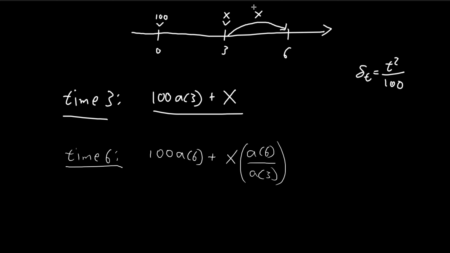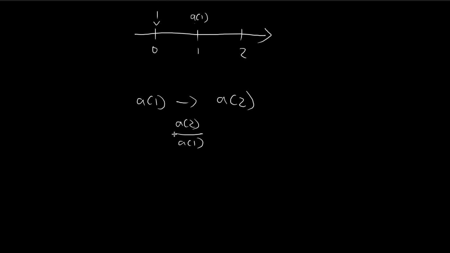And the reason why this is true is that you can actually consider a case like this. So 1, 2. So if I deposit $1 at time 0, you have a(1) at time 1, and then if you have a(1) at time 1, it's going to grow to a(2). So that is equal to applying a ratio of a(2) divided by a(1). So if I have a(1) and it's going to grow to a(2), that's equal to multiplying a(1) by a(2) divided by a(1).